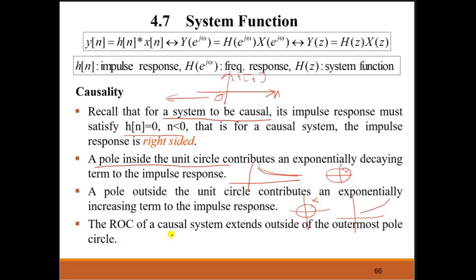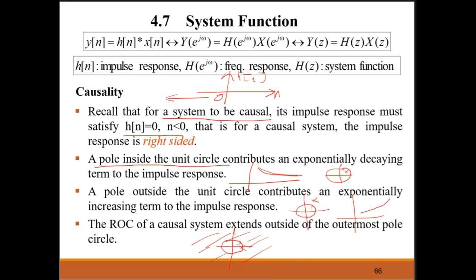Alright, so the ROC of a causal system extends outside the outermost pole. So kalau causal system, okay, causal system dia punya ROC must be, okay, ni katakan this is the outermost pole, so dia punya ROC di luar, okay.